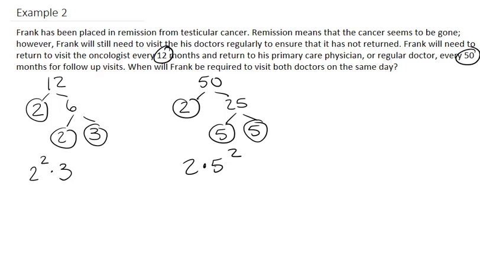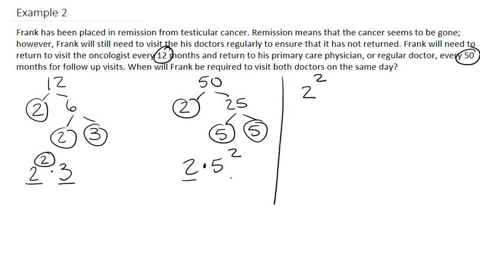Now we will assign each unique factor its highest exponent. So the first unique factor is the 2. So we would write 2, and the highest power is 2, so it would be 2 squared. Next, the unique factor is 3.